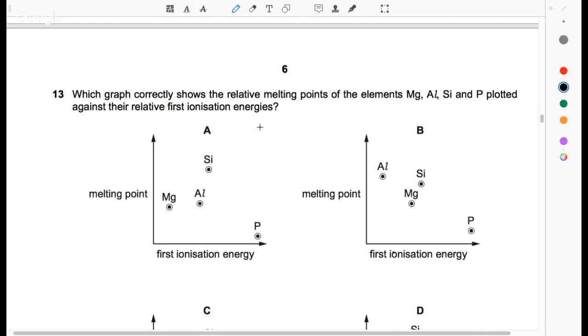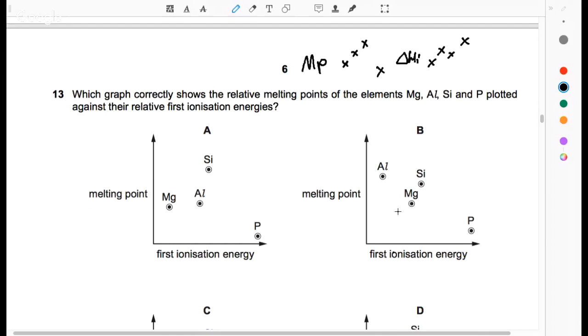Okay, wait. Orange. So do you know the melting point? You don't know the melting points in the data book.